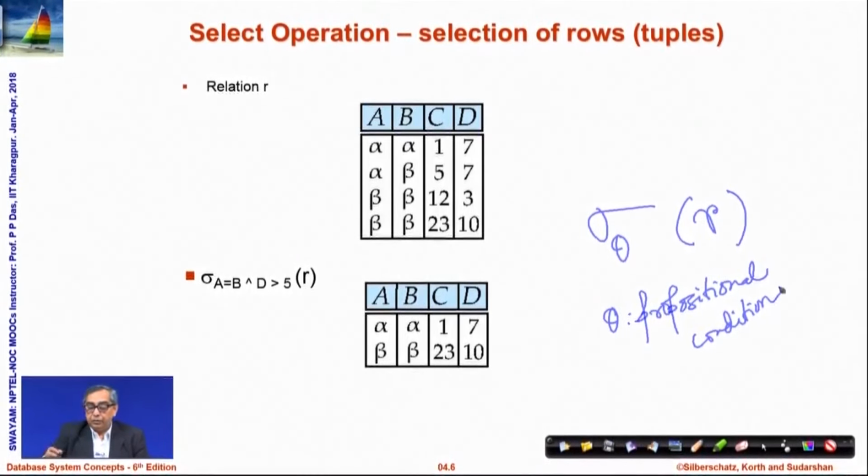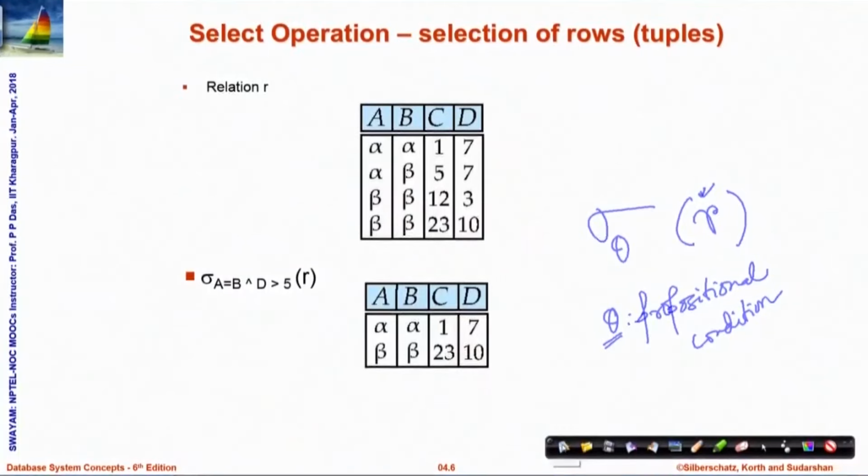All rows of R will be checked; if a row satisfies this condition, then it will be included in the result. If it does not satisfy the condition, then it will not be included in the result.